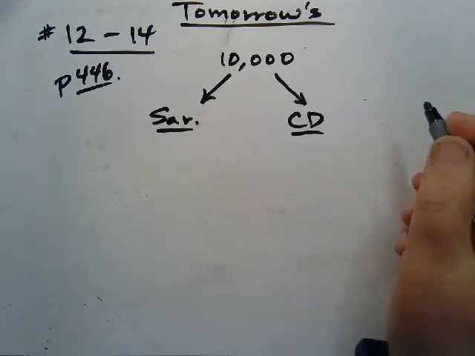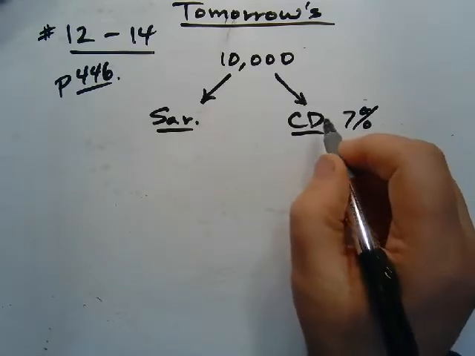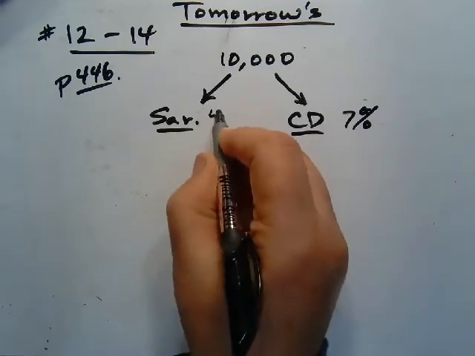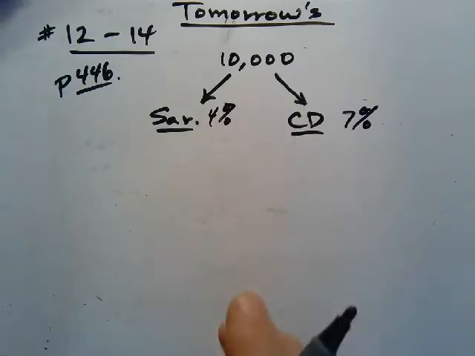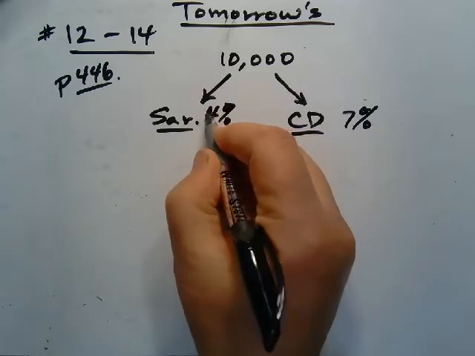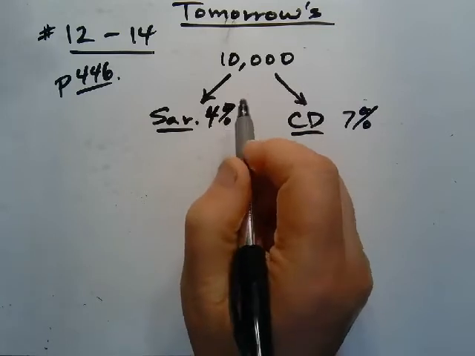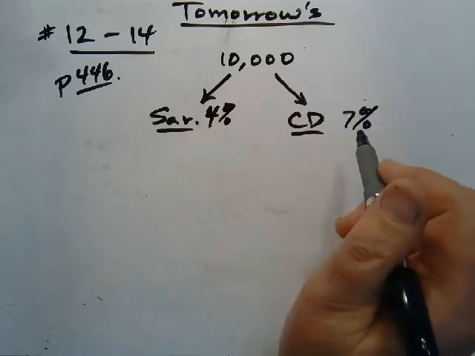That's why the interest rate is higher. Kenzie would get 7% if she left the money in there for a while; in her savings account she only earned 4%. By the way, if you have a savings account, my guess is you're probably only getting about 1%. So Kenzie's getting a pretty good deal here, getting 4%.